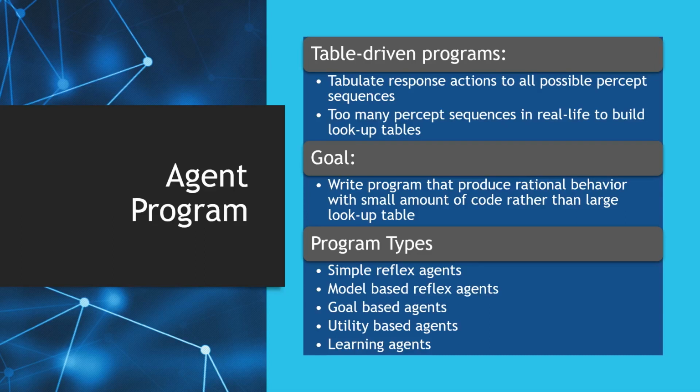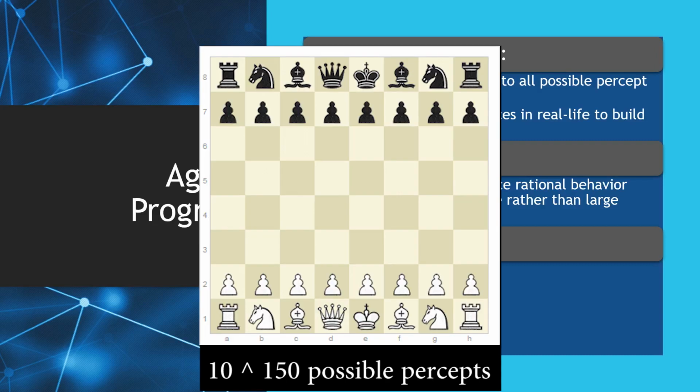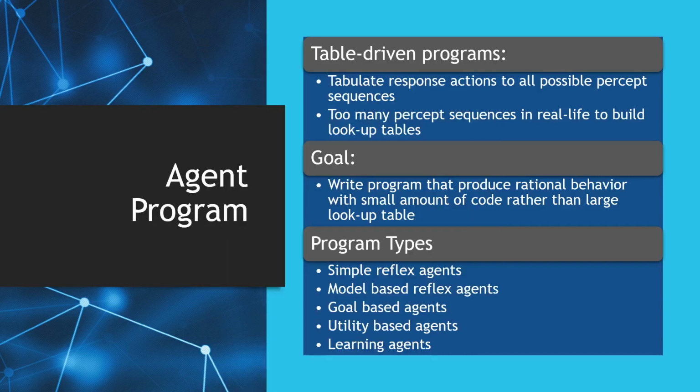For example, a game like chess would take 10 raised to the power 150 entries in the table. This is an extremely large number of entries, and no hard drive can have that much space if we are thinking realistically. And so we want to write a program that produces rational behavior with a small amount of code rather than large lookup tables.